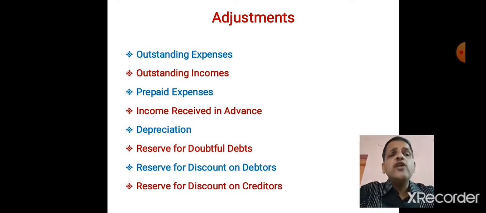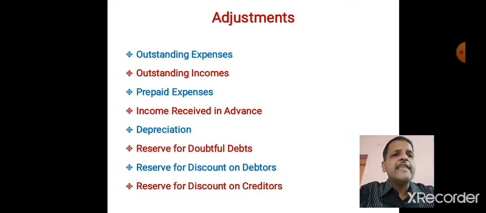Now, there are two effects of outstanding expense. One effect is there in case of trading or profit and loss account. We have to add it to the respective item in the trading or profit and loss account. The second effect we have to give on the liability side of the balance sheet.